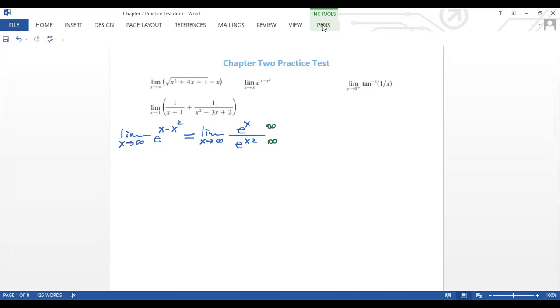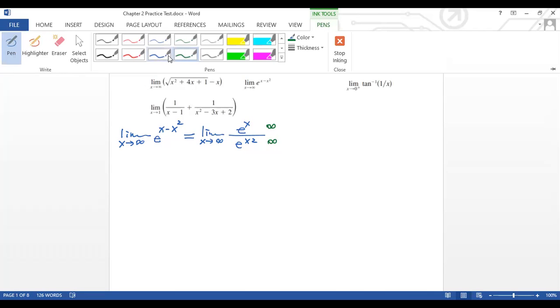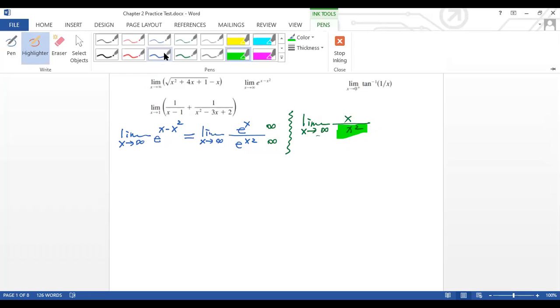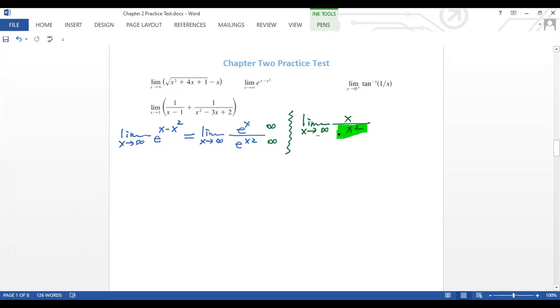So now we need to figure out a way to find it. Without the exponents, if I just say as x approaches infinity, x over x squared, which one goes faster? Well, these are polynomials, so this is the dominant one. And we know from the polynomial rule, if the bottom goes faster, then what is the whole thing going to approach?